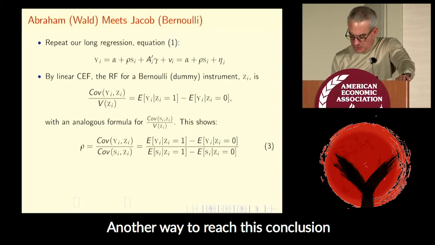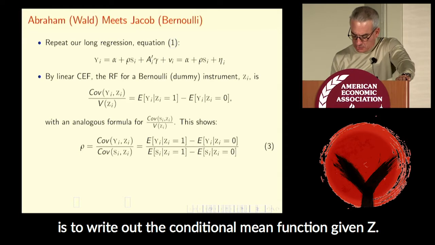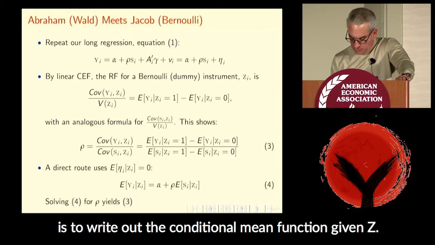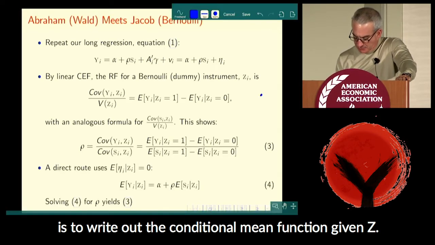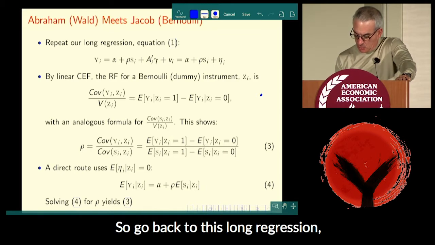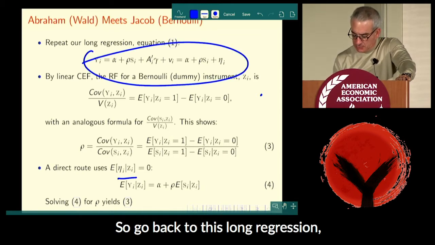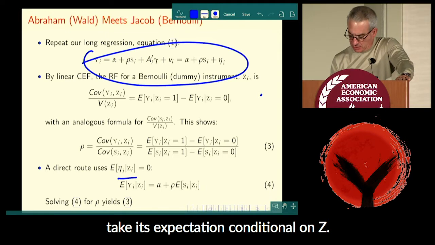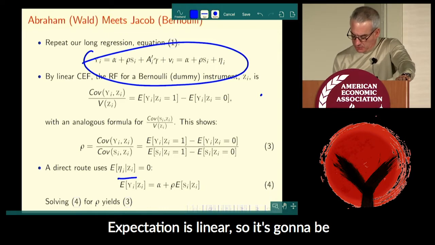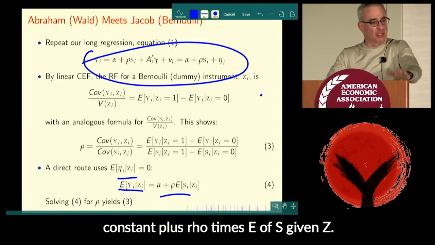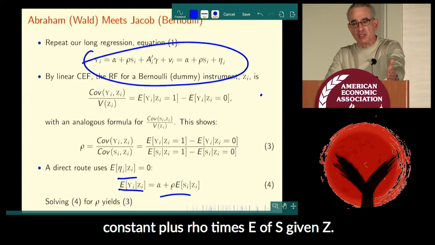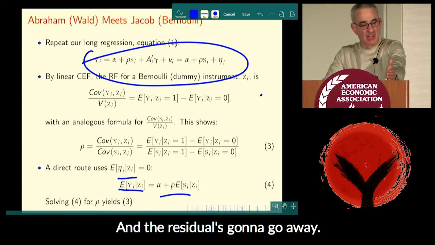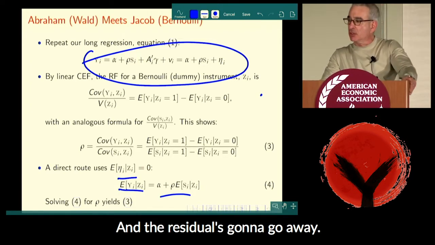Another way to reach this conclusion is to write out the conditional mean function given z. So go back to this long regression and take its expectation conditional on z. Expectation is linear, so it's going to be a constant plus rho times E of S given z. And the residual is going to go away.